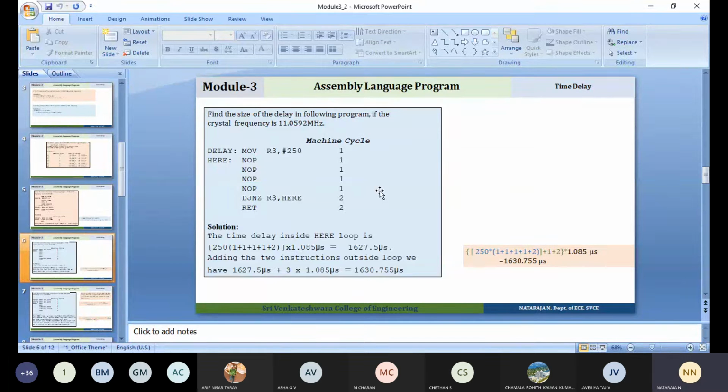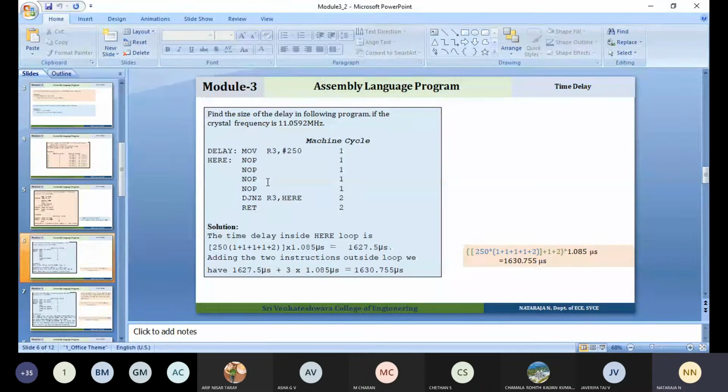Delay: MOV R3, #250, then NOP, NOP, NOP, NOP, which means it keeps on passing to the next instruction. Then DJNZ R3, here. See here, I have loaded first MOV R3, 250.